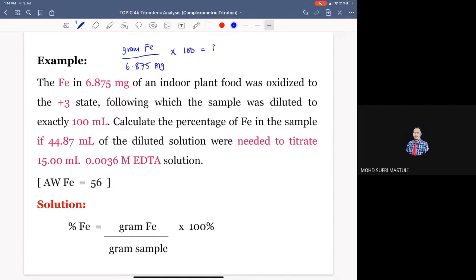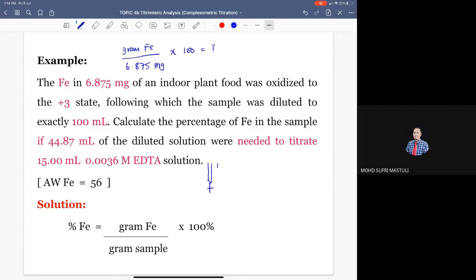Okay, what is the information that we have here? We have a titrant, which is EDTA.